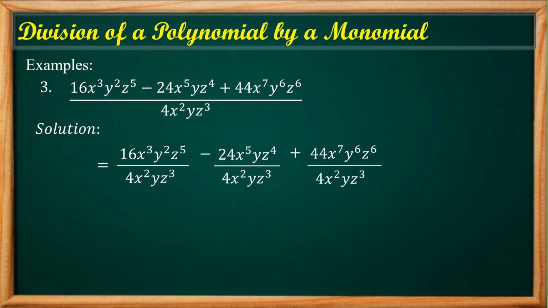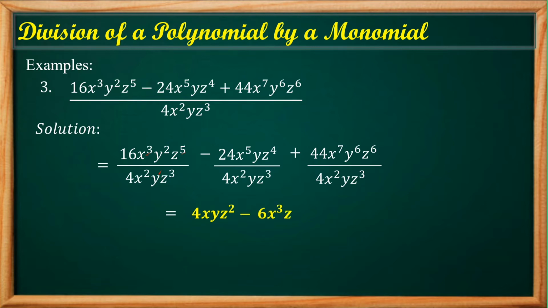Then, isa-isahin natin yan. 16 divided by 4 is 4. Then, you will have here 3. Our exponent is 2. Therefore, 3 minus 2, you will have here 1. Then, 2 minus 1, merong 1 dyan. Therefore, 2 minus 1, you will have here 1. Then, 5 minus 3, then you will have here 2.